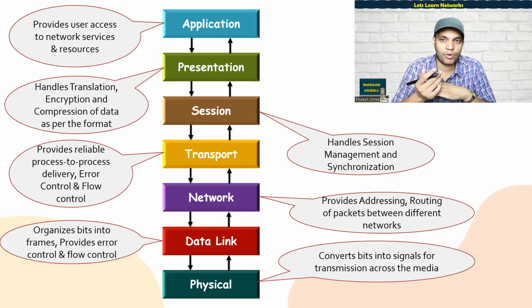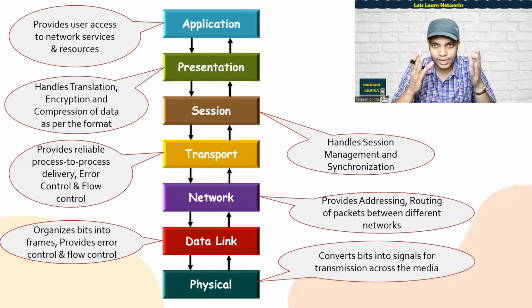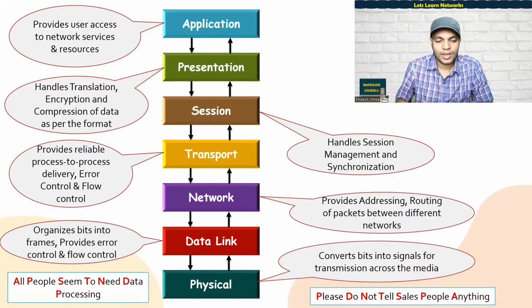One common thing my students keep asking me is, sir, should we remember the layers only in this particular order? The answer is yes, you have to remember the layers in this order only. Generally, there are two common ways of remembering, using phrases. The first is, All People Seem To Need Data Processing.